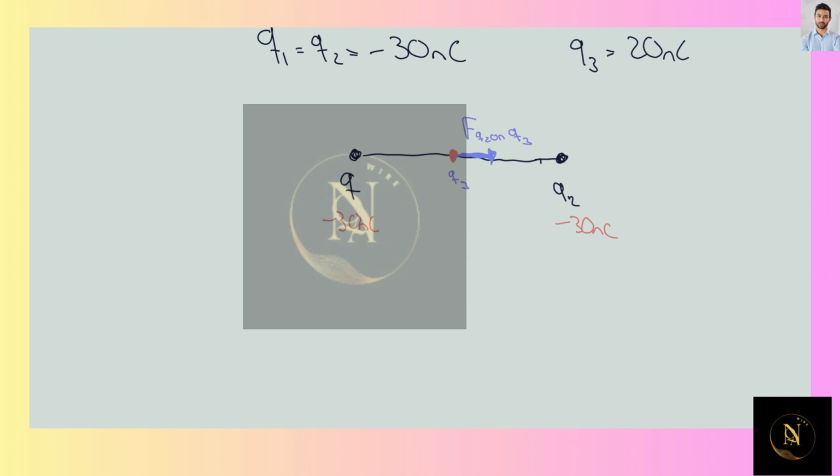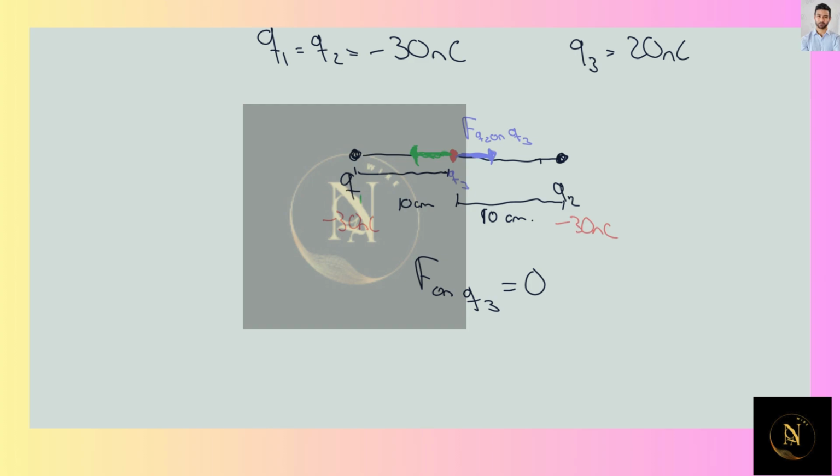And we can also write down the force of Q1 on Q3. That is going to have the same magnitude but in the opposite direction. In this case, the distance between Q3 and Q2, and Q1 and Q3, is the same. It's going to be 10 centimeters. Thus, the net force on Q3 needs to be equal to 0.